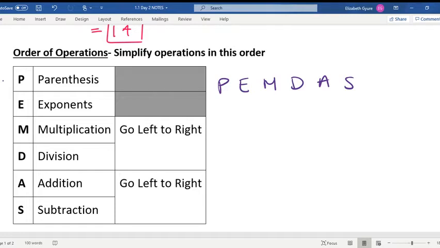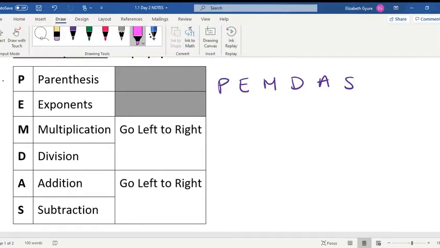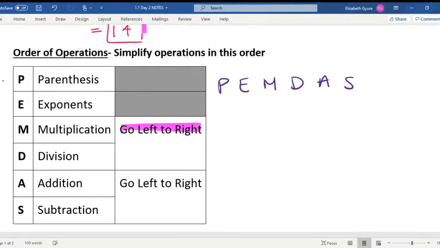Do you have to always multiply before you divide? No, if you take a look at this little statement here, multiplication and division always go from left to right. So if you see multiplication and division, go from left to right. You don't necessarily have to multiply first, okay? Go from left to right.